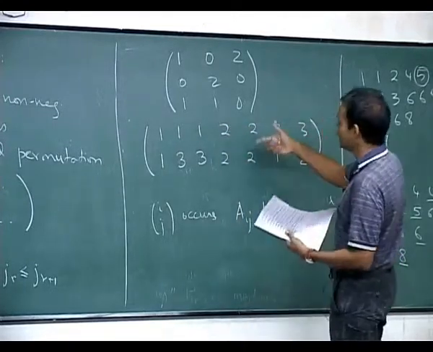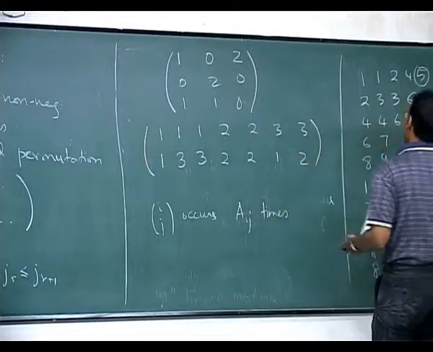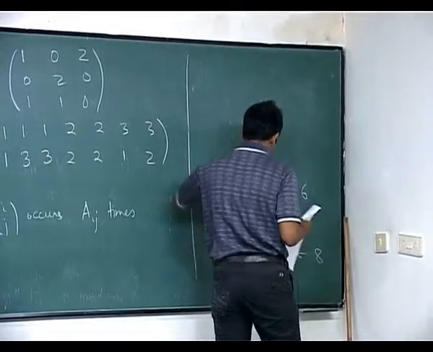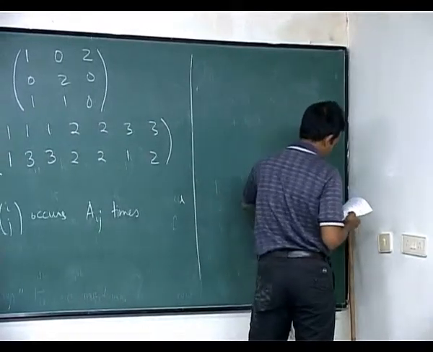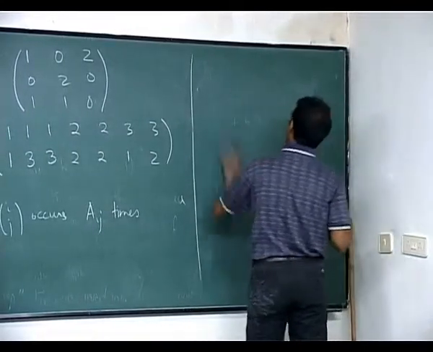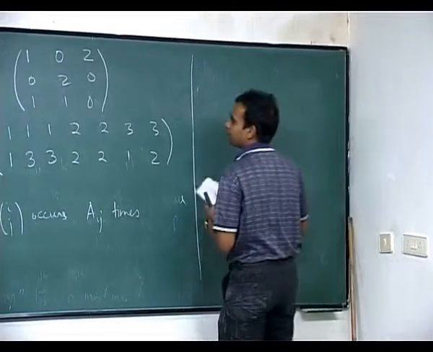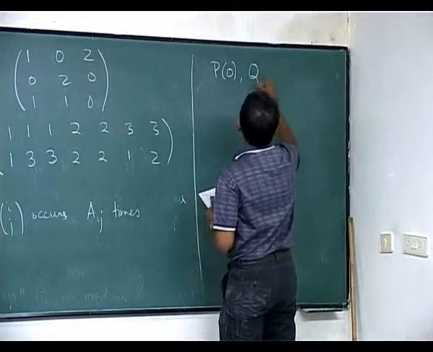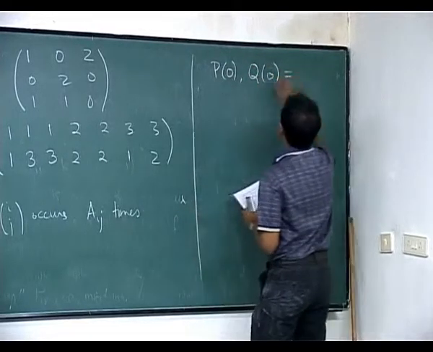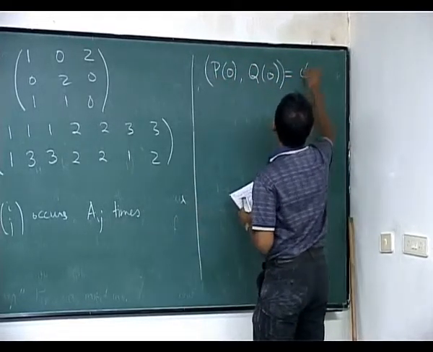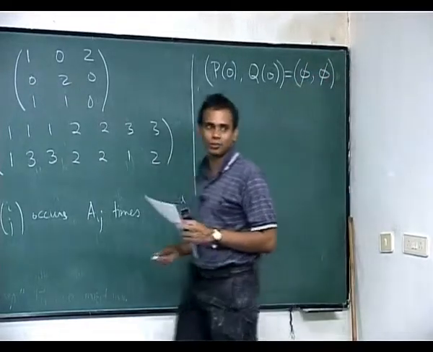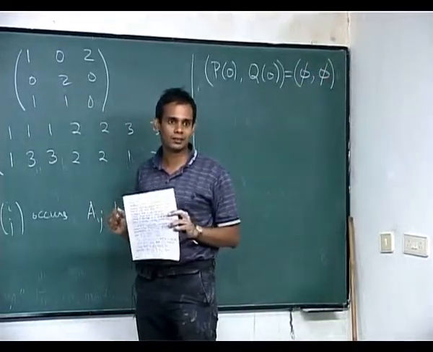And now you use this to construct a pair of semi-standard Young tableaux of the same shape. So you start with P0, Q0 to be both the empty semi-standard Young tableau. That means no box, no entries at all.